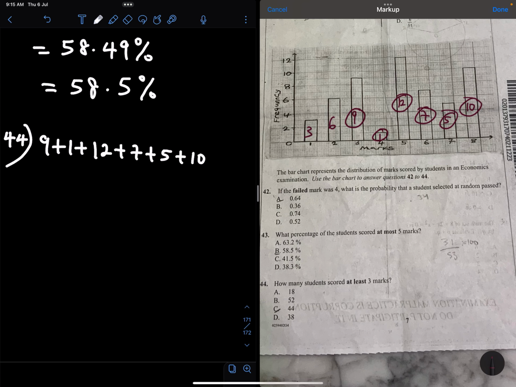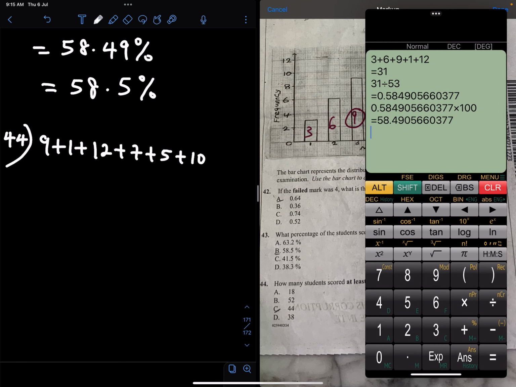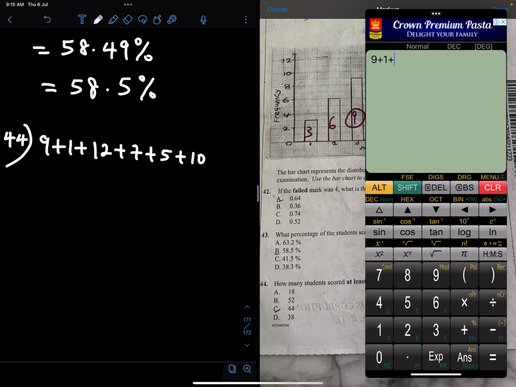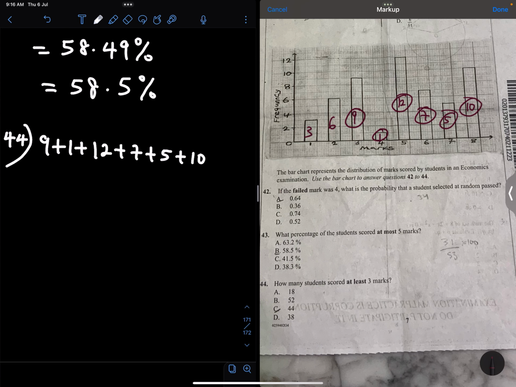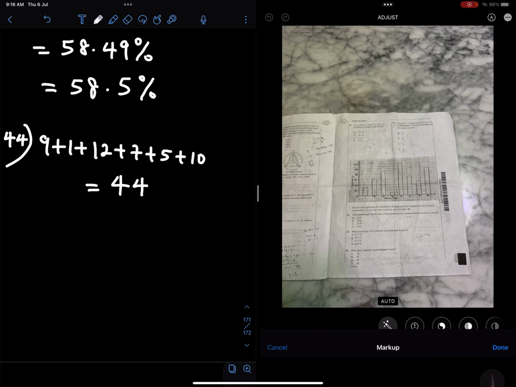Let's check that again. 9 plus 1 plus 12 plus 7 plus 5 plus 10. And that's 44. 44 students scored at least 3 marks. And the correct option is C. We go straight to the next, which is number 45.